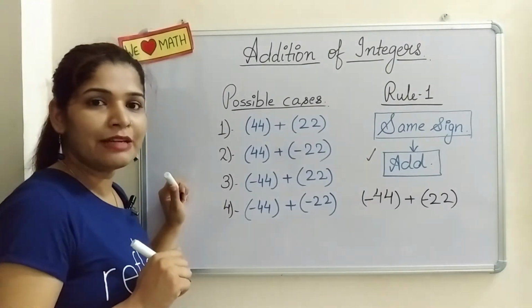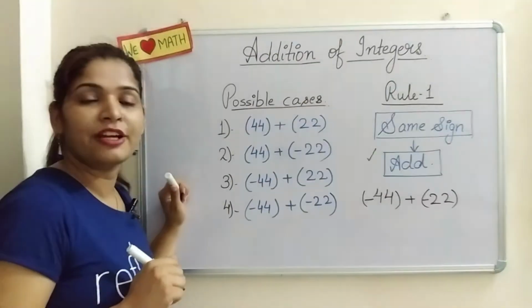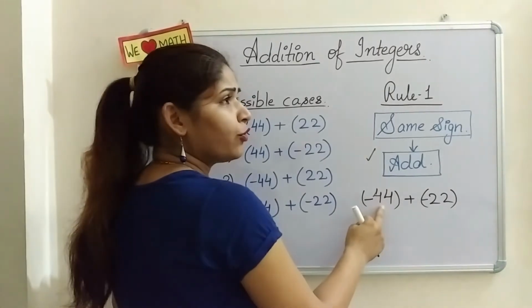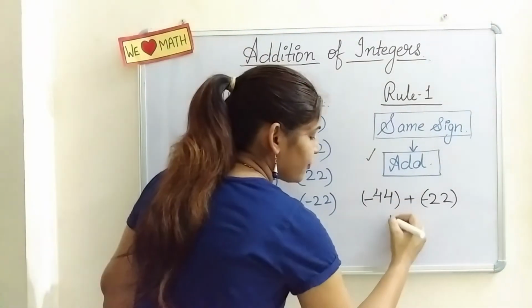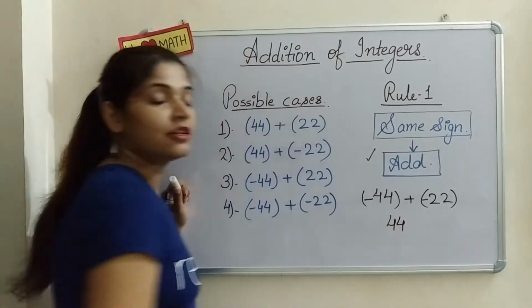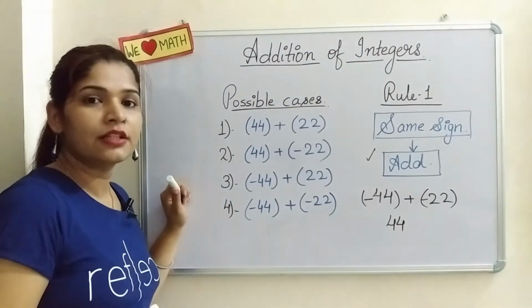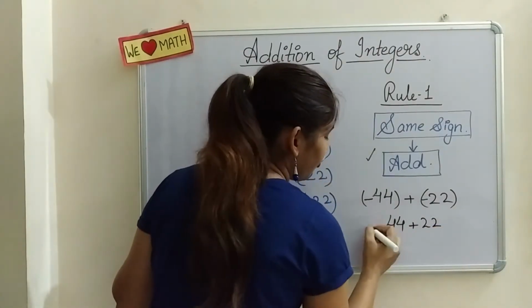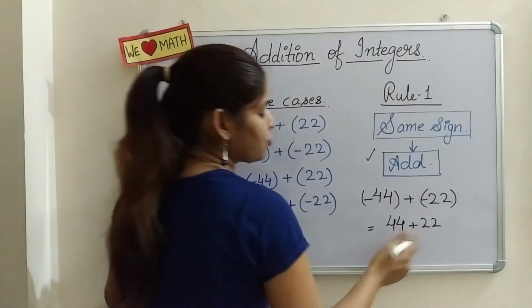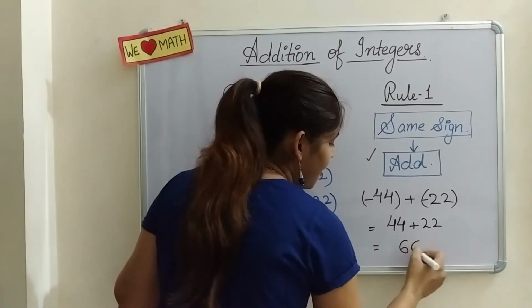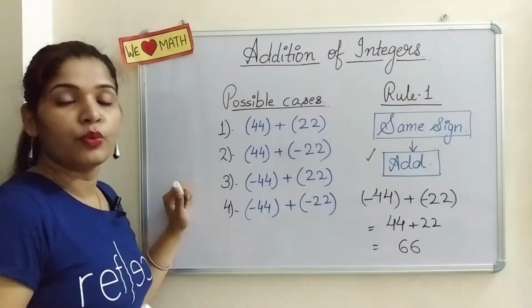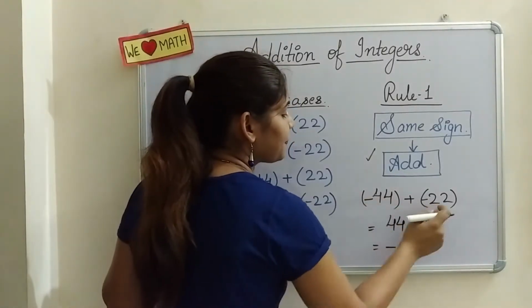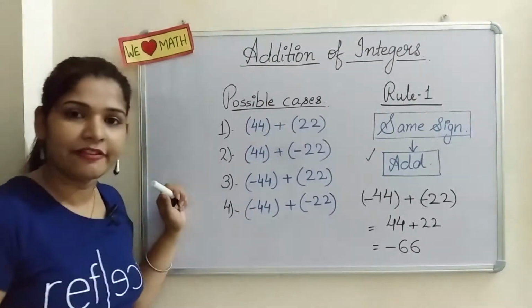Did you remember, children, what absolute value is? Absolute value means the numeric value of that thing. So the absolute value of minus 44 is 44, and the absolute value of minus 22 is 22. We add the absolute values of both the integers: 44 plus 22 will be 66, but the sign will be negative, because we have added negative integers.